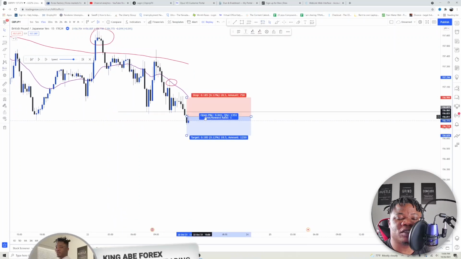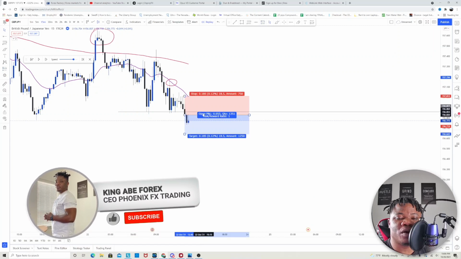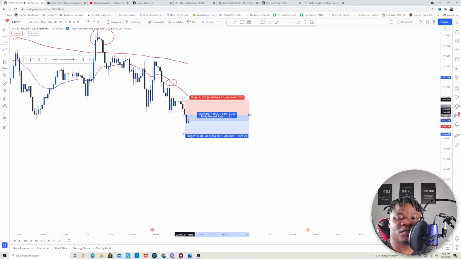Since we have the close below the swing low here, we will have our stop loss at 15 pips. So when you're using this strategy, I recommend targeting 15 pips as your stop loss. As long as you have a very good entry, your stop loss shouldn't be more than 15 pips.